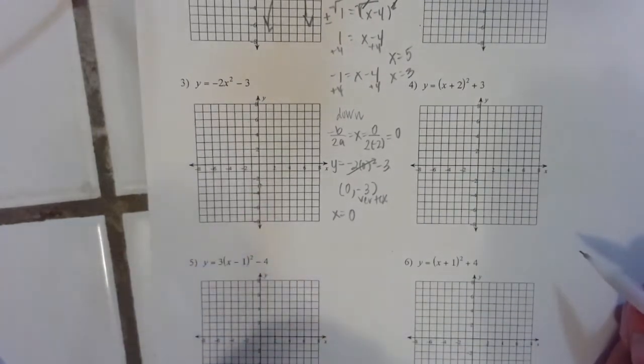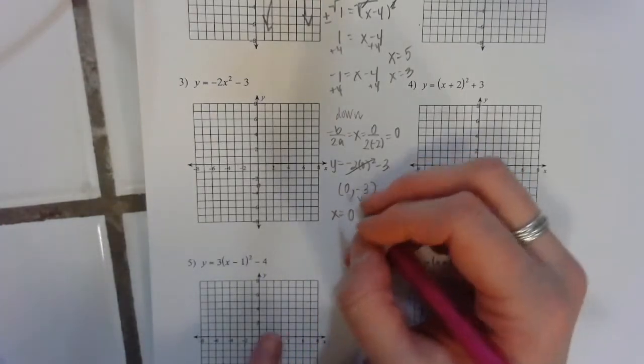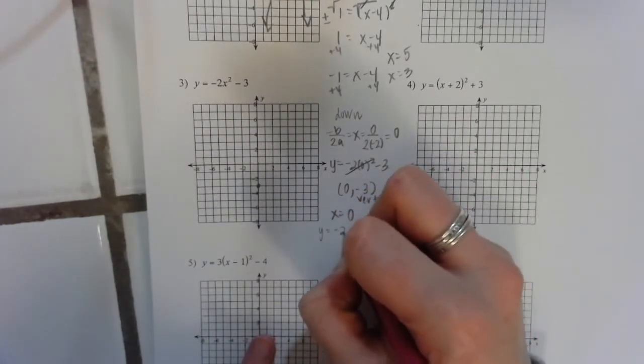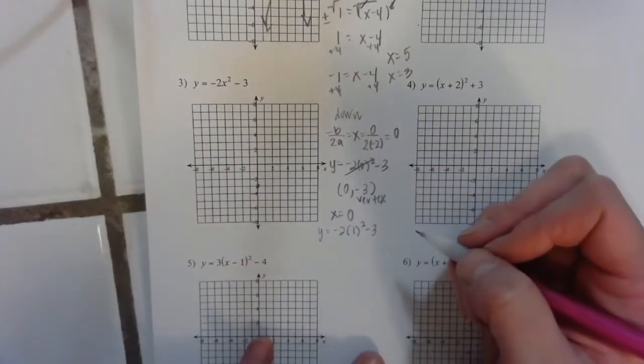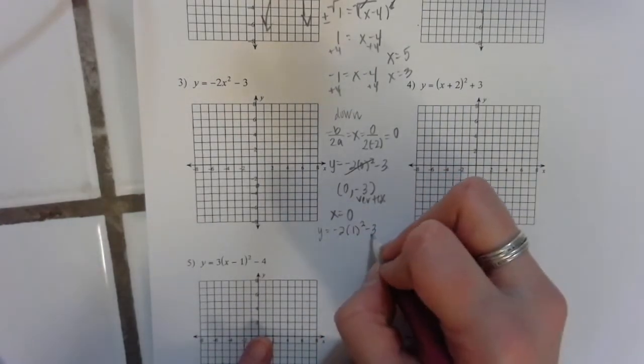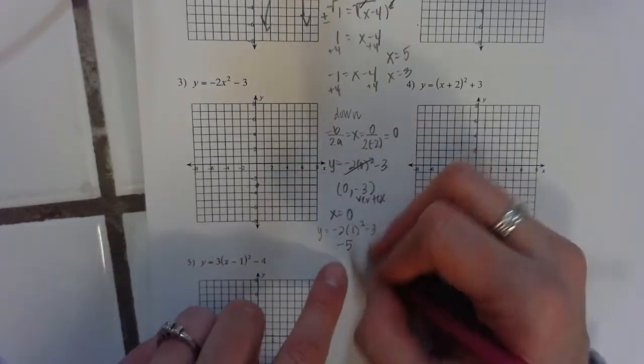I'm going to pick 1 because I like positives. So y equals negative 2 times 1 squared minus 3. 1 squared is 1, times negative 2, minus 3 is negative 5. Okay, so that is my ordered pair.